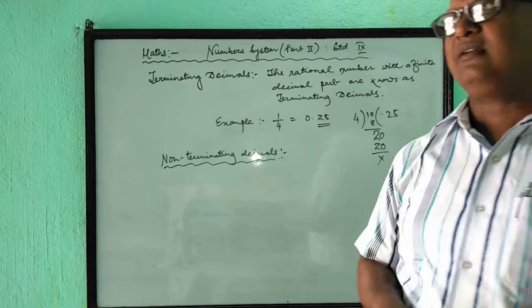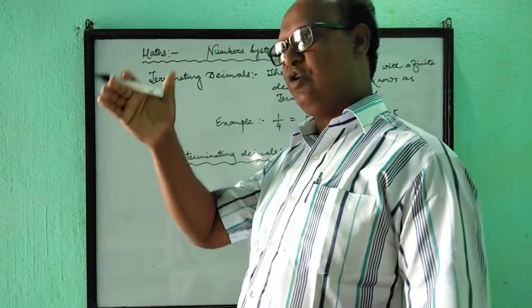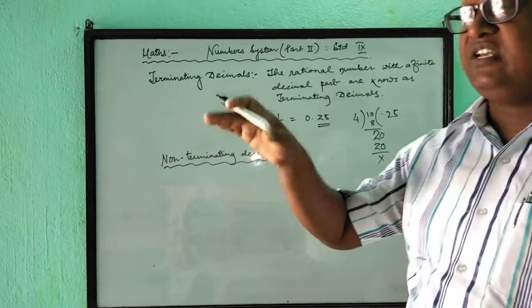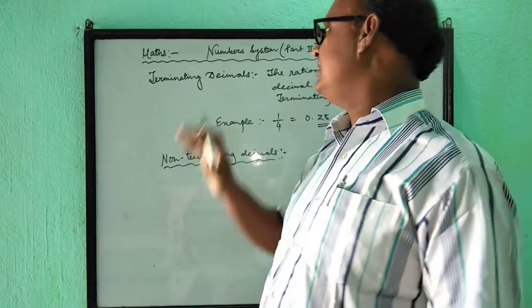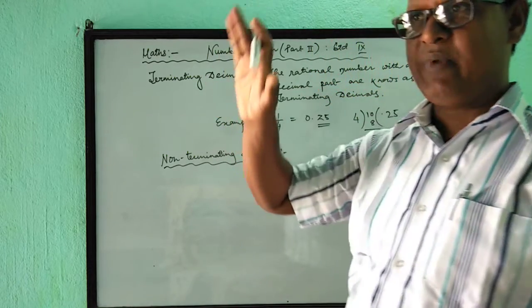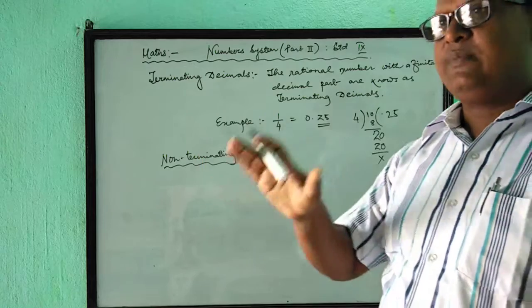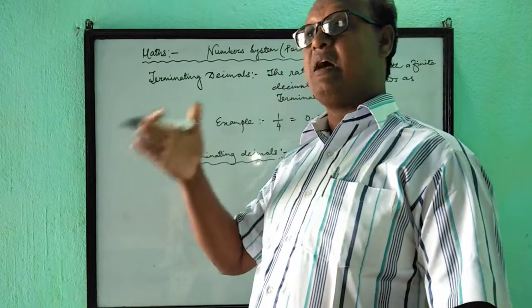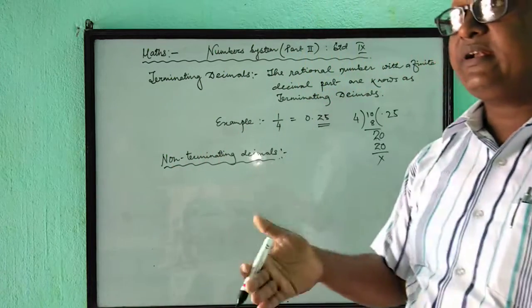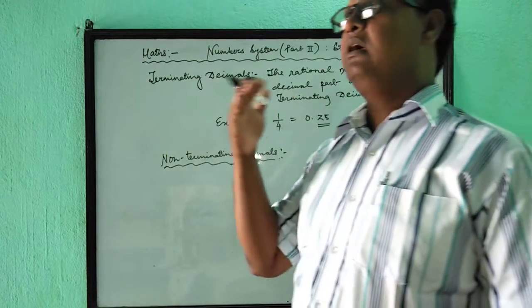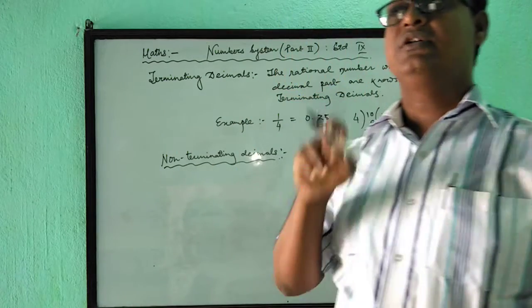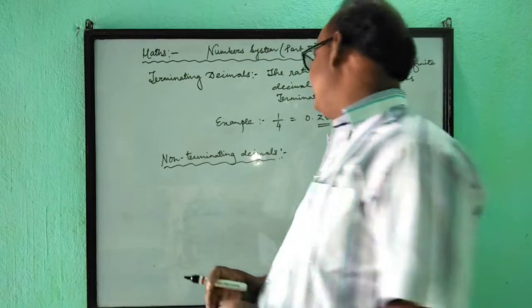When the remainder is 0 or the remainder is finished, then it is a terminating decimal. Or when the remainder does not end, that means the remainder comes again and again in a repeated manner, then we call it a non-terminating decimal.